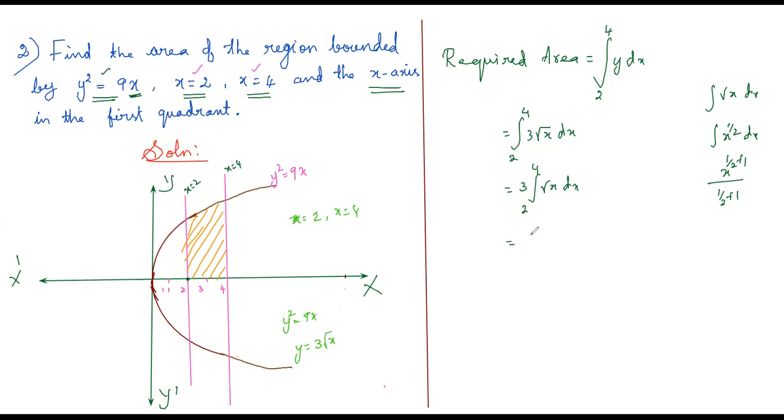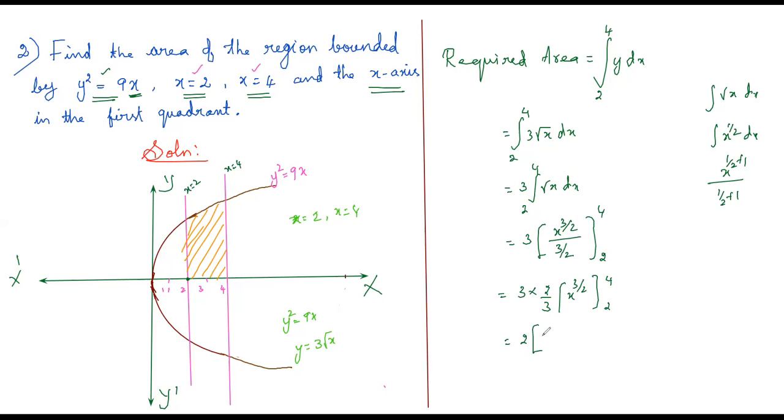So that's equal to 3 into x power 3 by 2 by 3 by 2, and the limit varies from 2 to 4. That is equal to 3 into, you bring the 3 by 2 outside, it becomes 2 by 3, and it is x power 3 by 2 from 2 to 4. The 3 and 3 get cancelled, you get 2 times, substitute the limits, okay?